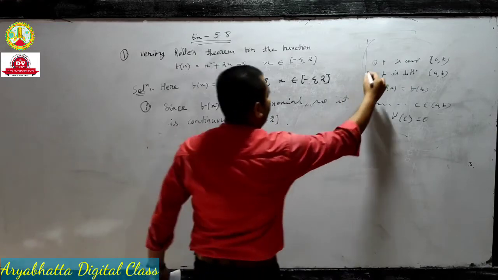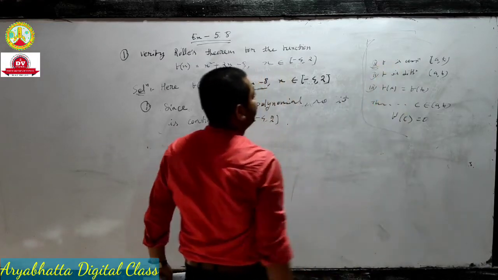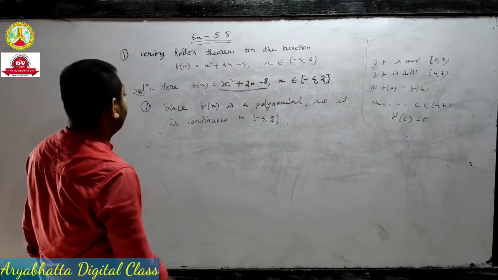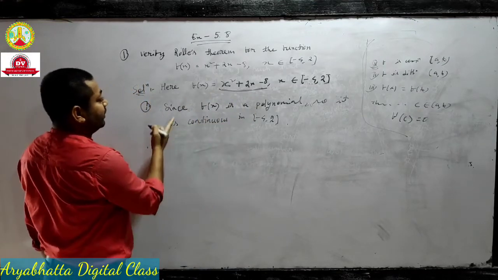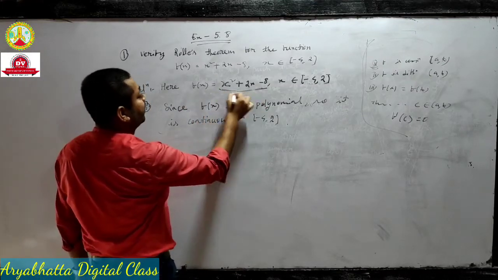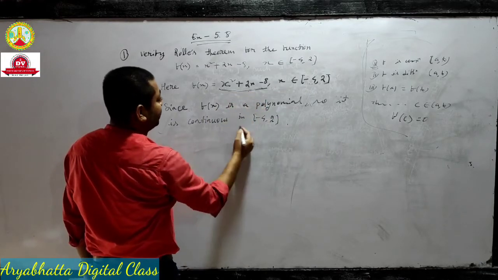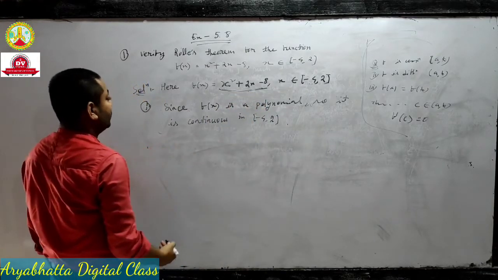The first condition exists: f of x is continuous on closed interval a comma b. Here f of x is equal to x square plus 2x minus 8. Since this function is a polynomial, therefore this function is continuous in closed interval minus 4 comma 2.